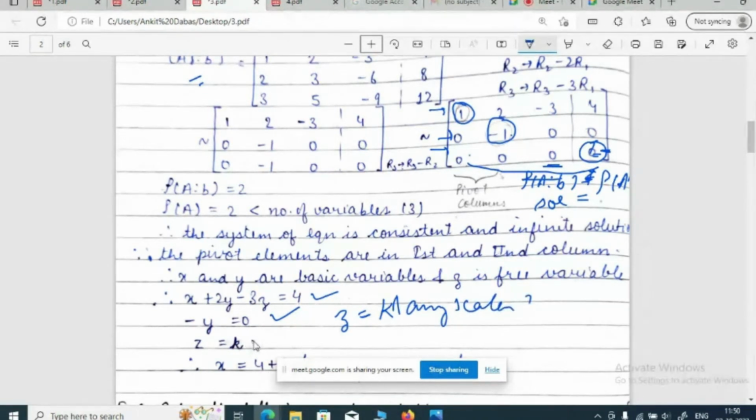Here z is equal to k, y is equal to 0. You can compute the value of x, which is 4 plus 3 times z; y is 0 and z is k. So x is equal to 4 plus 3k, y is 0, and z is equal to k.